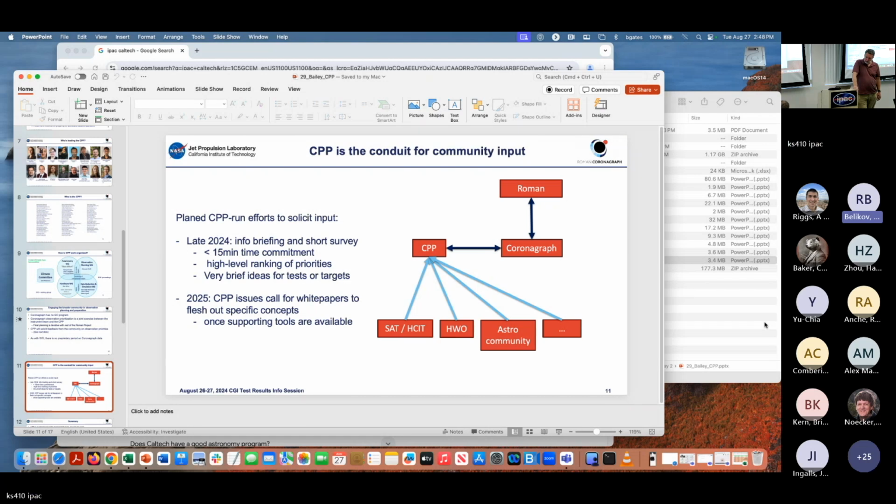I don't know if it makes sense to define a working group or a thread that ranks what kinds of tests CGI can do that would most benefit habitable worlds, be it post-processing or some of the contributed modes, or reaction wheel tests, etc. And then plan, by the time it flies, to have a list of prioritized tests that we can do on CGI that most benefit habitable worlds.